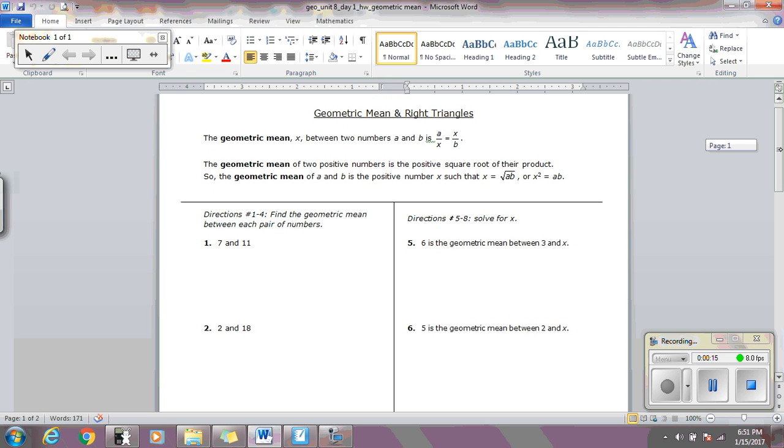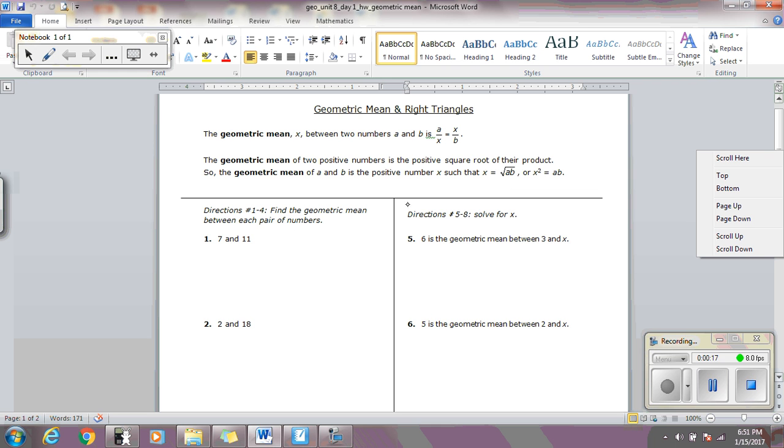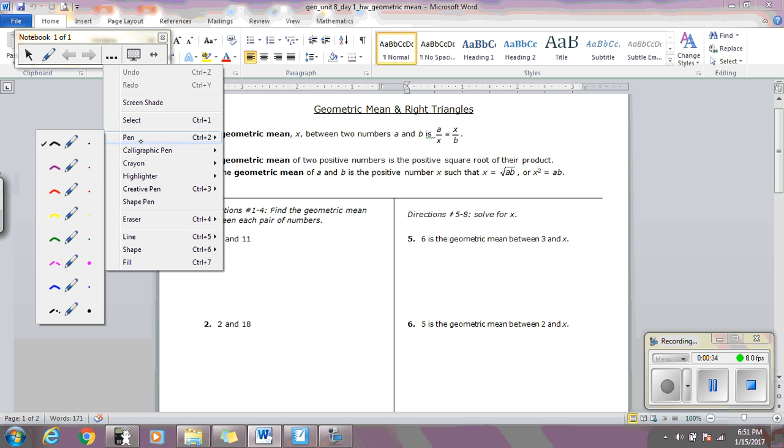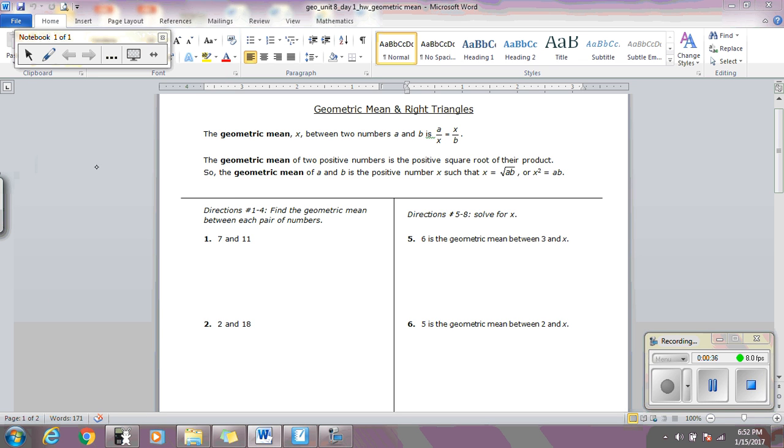Alright, we're talking about geometric mean. Number 1 wants us to find the geometric mean between 7 and 11. And we talked about in our notes that geometric mean is the square root of the product. So in other words, it's going to equal the square root of 7 times 11, which is equal to the square root of 77.